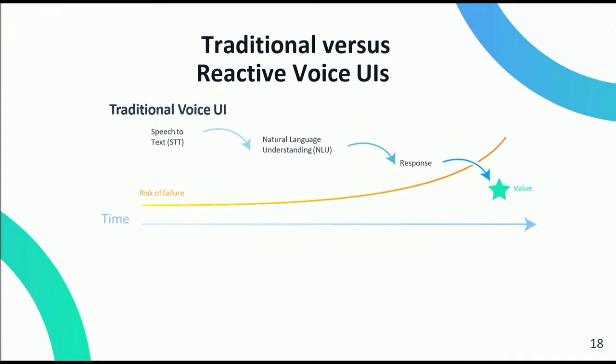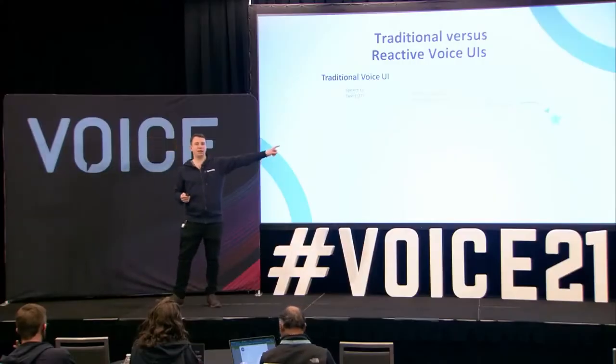After that, it is passed on to application-specific business logic, where the decision is made on how to respond to the user, after which there is the response back to the user, which is typically speech synthesis. This is a sequential waterfall type of approach where the value is delivered to the user only at the very end.